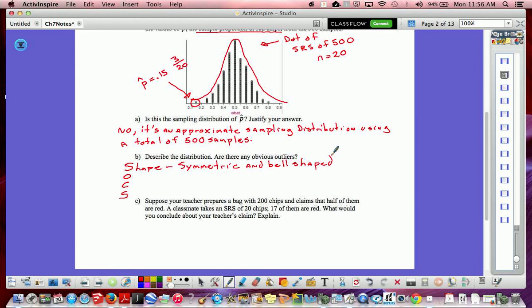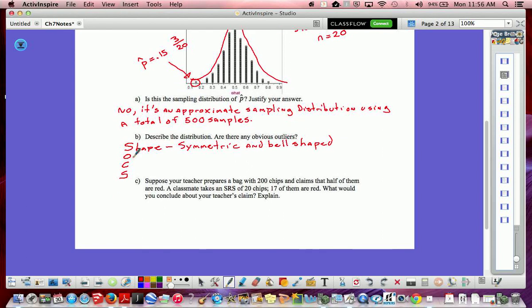So that's the O, outliers. Is there any point seeming not to fit the distribution? Maybe 0.8? And how about this one here, the 0.15? So we can say maybe 0.8 and 0.15, but we're not 100% sure about that one.